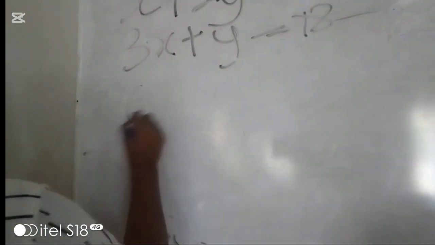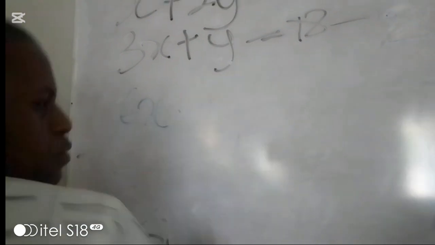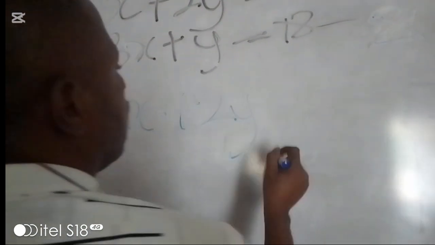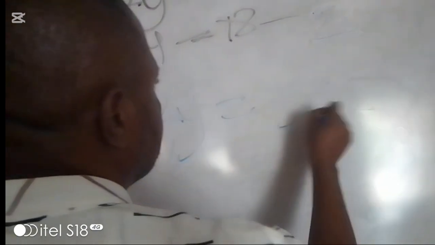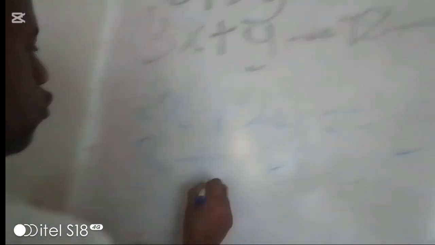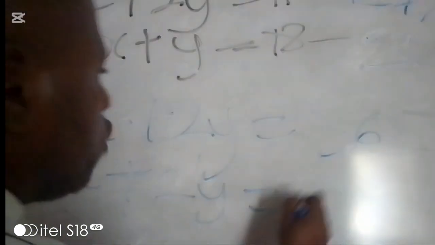You multiply this equation 8 by 2. This becomes 6x plus 2y equal to 36. You bring down your equation 7. This becomes x plus 2y equal to 11.